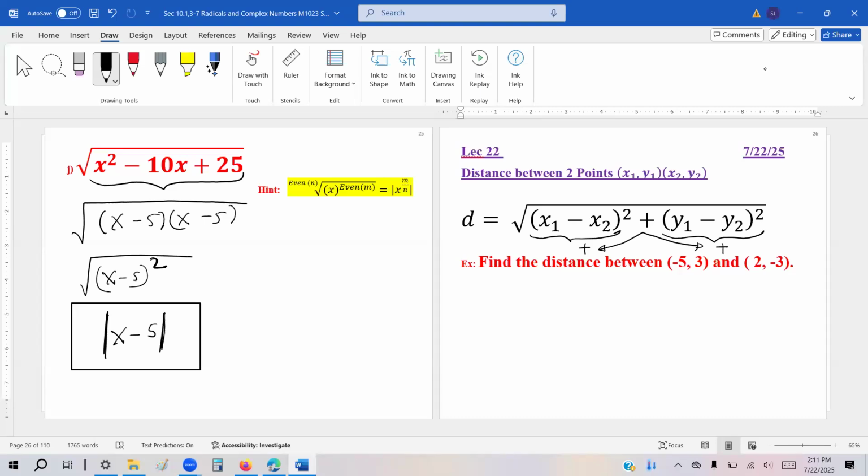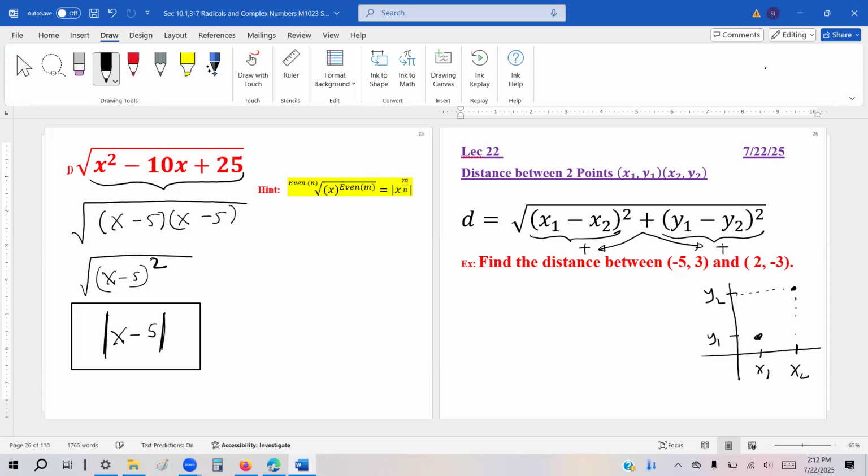And if you want to know how we got this formula, it's easy. You have to look at the coordinate system. Let's say you have a point here, x1, y1, and let's say we have a point here, x2, y2.